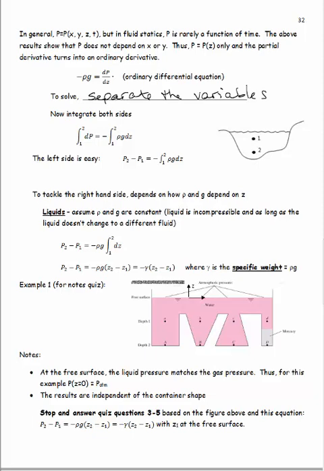If we're talking about liquids, we're going to assume they are incompressible, and incompressible means constant rho. Yay! So we can pull the rho out as well, and then it's an easy integral again. So p2 minus p1 comes out to equal minus rho g times (z2 minus z1). That's where our equation is coming from. Rho g was equal to the specific weight, or gamma, so we can also plug that in.